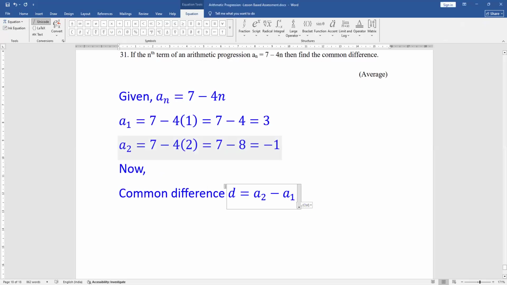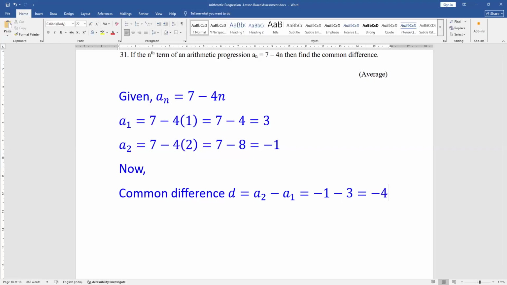I write A2 minus A1. What is the value of A2? -1. And A1 is 3, right? So put the minus. A2 minus A1 is what? -1 minus 3 is something but -4. So the common difference is -4. Beautiful. Now I move on to the next question.